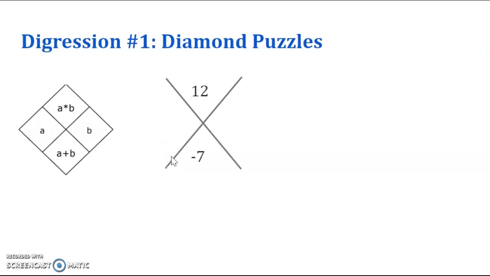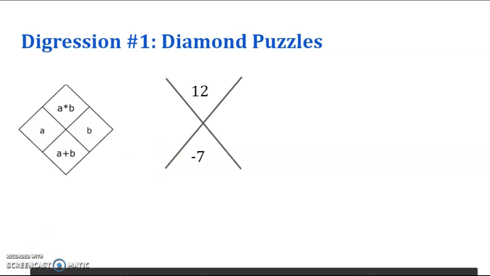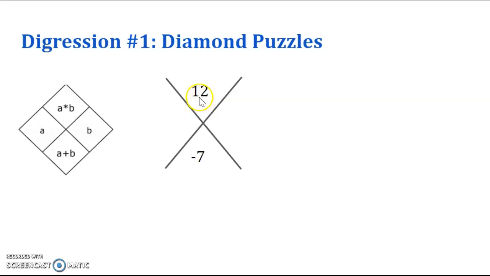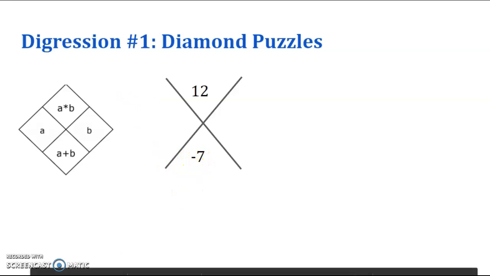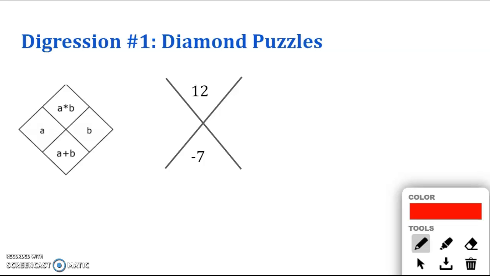So for example, when you had this problem, the top number is 12. Remember, 12 is the multiplication of two numbers, and negative 7 is the bottom number, that is the sum of the two numbers. So I can write, just to help me remember, the top number is going to be multiplication, the bottom number is addition.